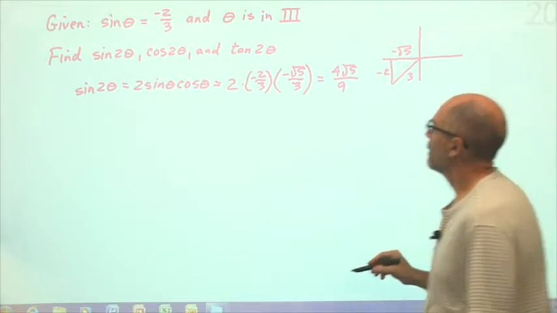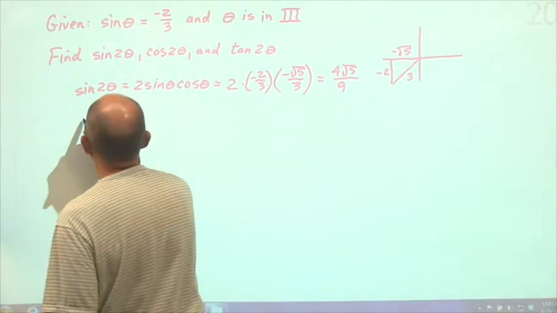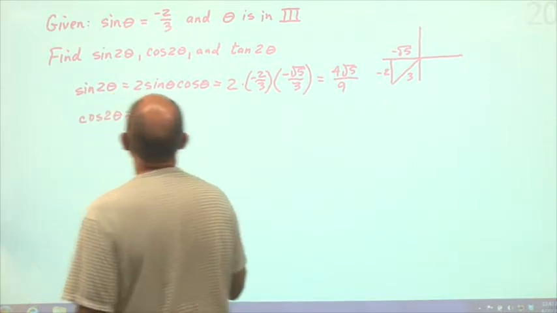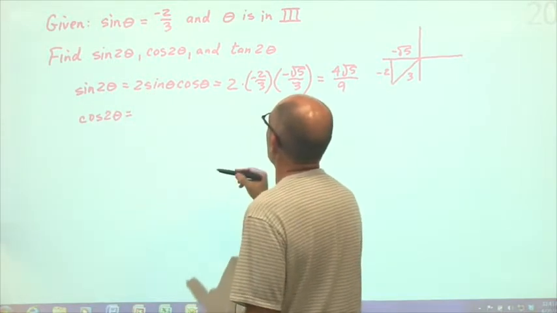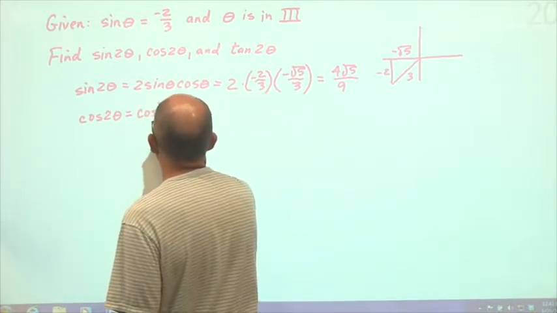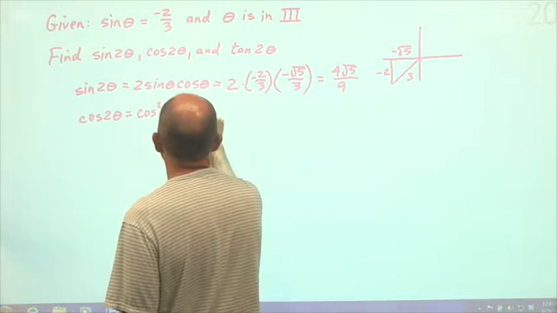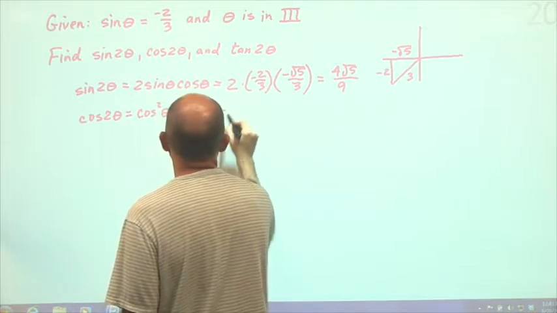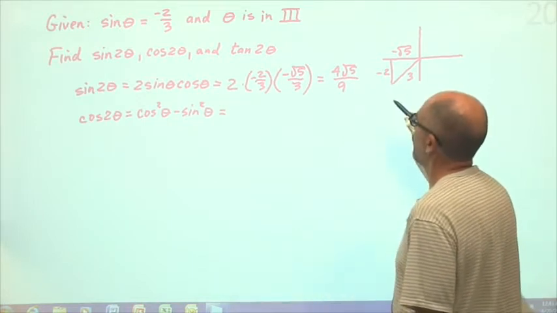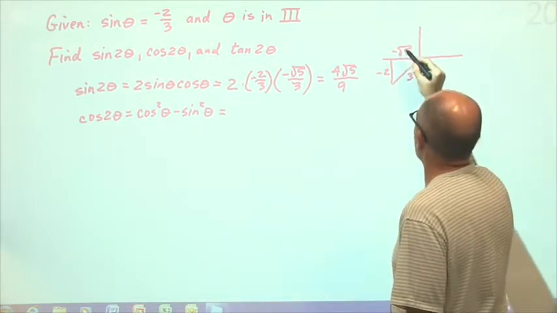Now, what about cosine 2 theta? Well, that equals cosine squared minus sine squared. So, cosine squared, well, remember we said cosine is negative square root of 5 over 3.